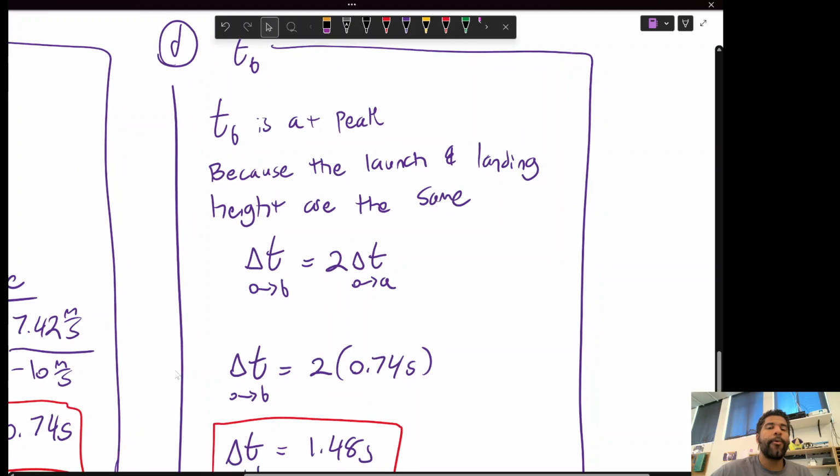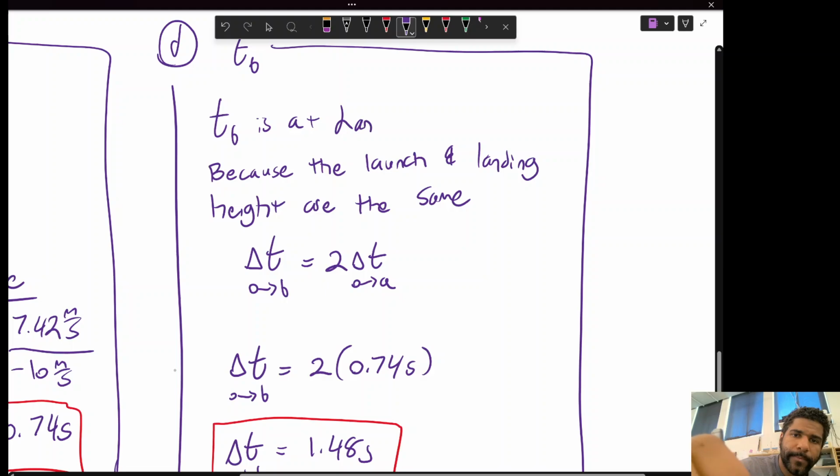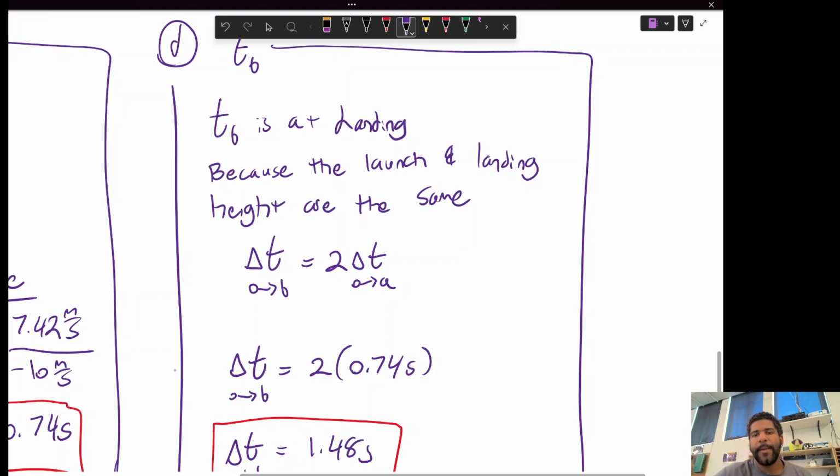For part D, I want to find the time at the landing. I want to find the time it takes for the object to land. And because the launch and the landing start at the same height, I can abuse the fact that the time interval to go from 0 to B is going to be twice the time interval to go from 0 to A, or from 0 to the peak.